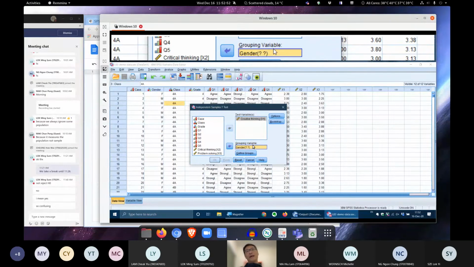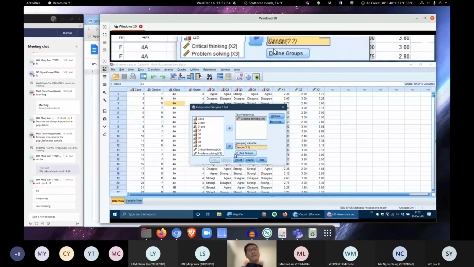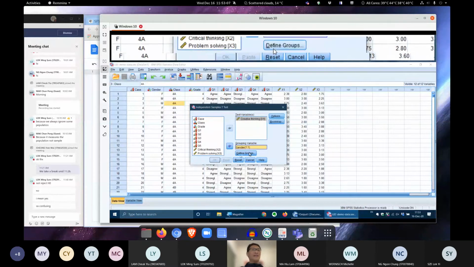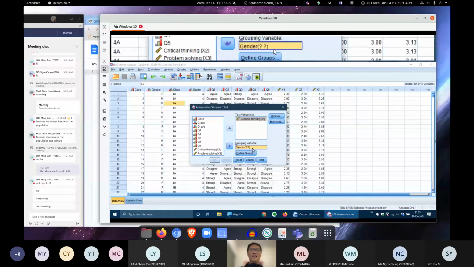Now, but notice that if you just do this, you find that the OK button is disabled. You cannot click on it. The reason is that SPSS is a little bit dumb in this case. It is not very smart. Because in the independent samples t-test, you need to tell which two groups you want to use.